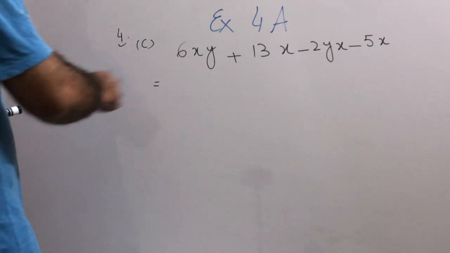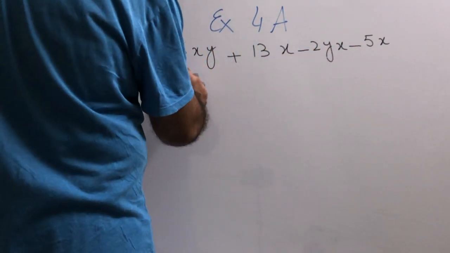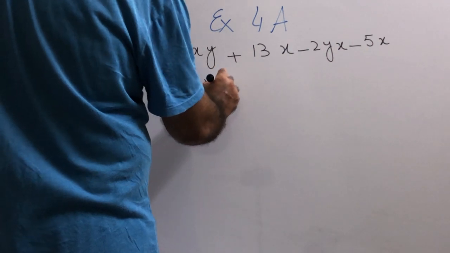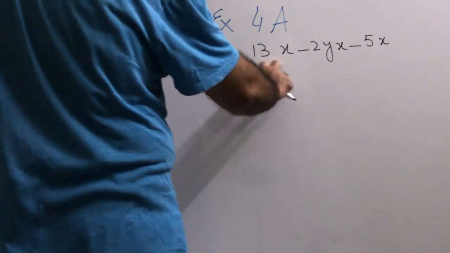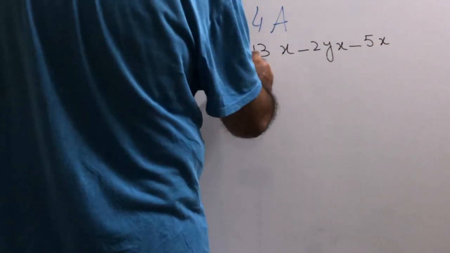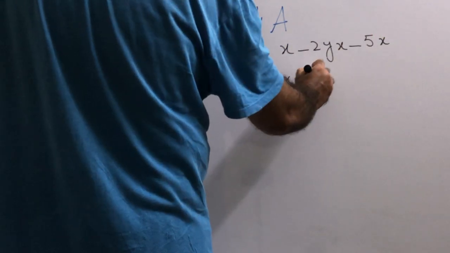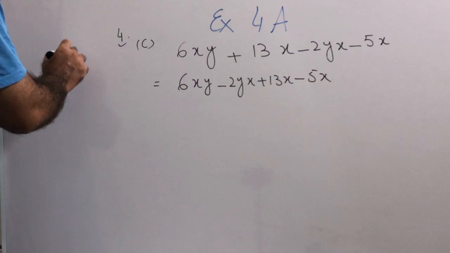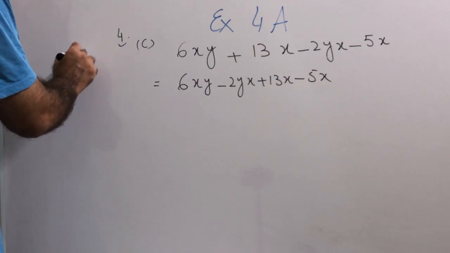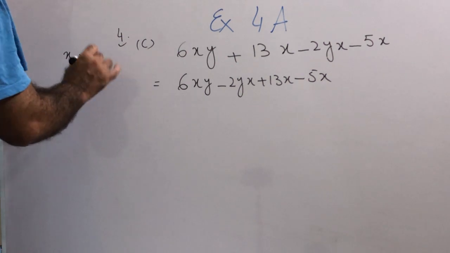Like terms mean here we have xy, here we have yx. So first bring together 6xy minus 2yx. Then we'll bring together the terms involving x. This is plus 13x, this minus 5x, they became the neighbor. Now remember one thing, that when x is multiplied with y or y is multiplied by x, it is the same thing.